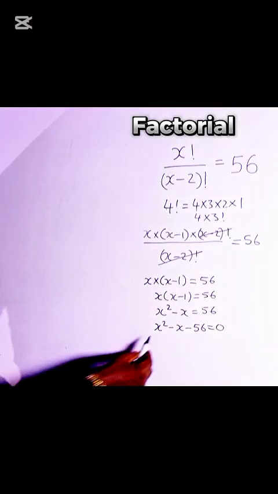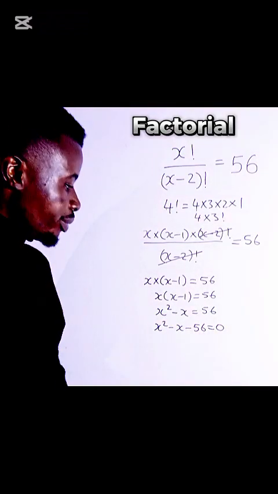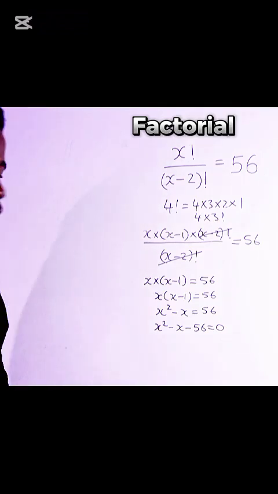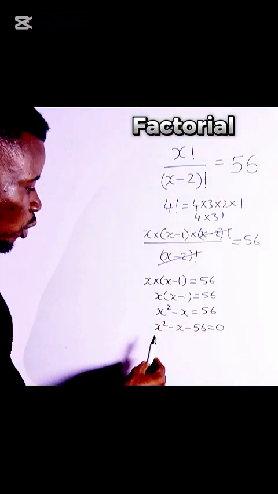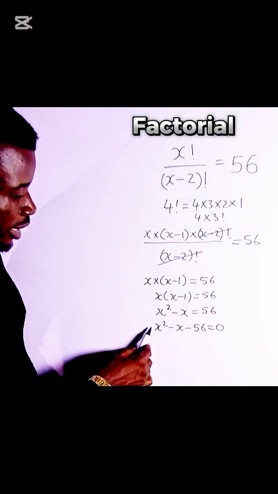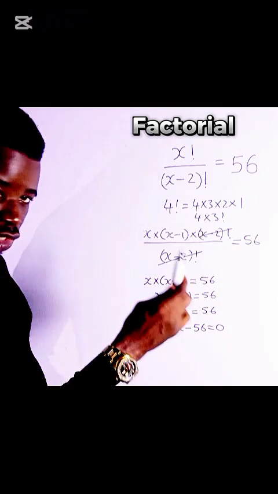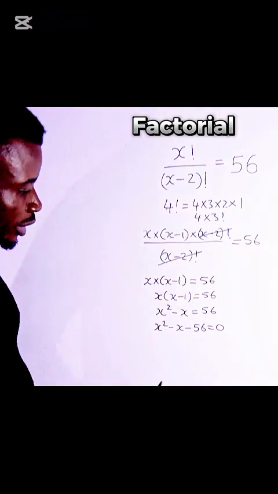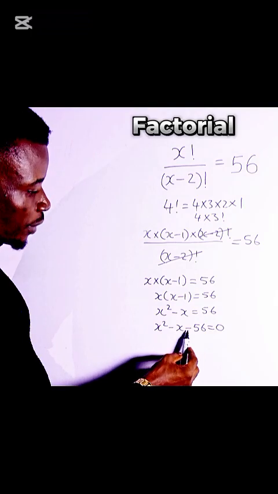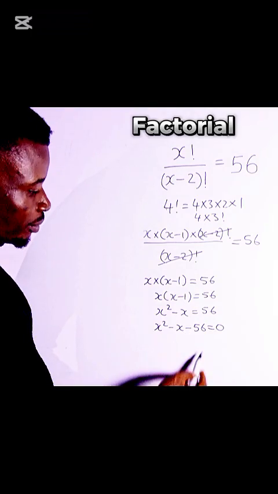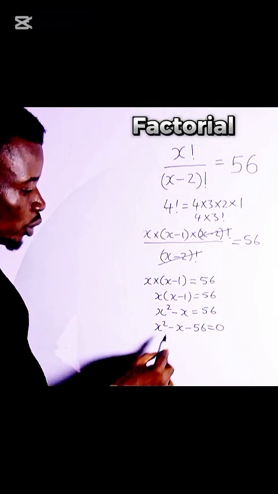So we just have to find the roots of this quadratic equation. Now, in my previous video, I said if you have a quadratic equation such that the first term, or the coefficient of x squared, is 1, what you have to do is find the factors of the last term, minus 56, that when you add them, give you what?